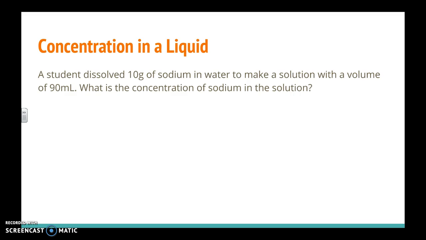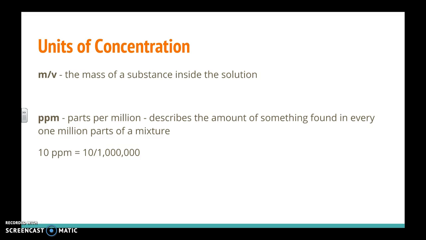And that's the difference, and that's what we're going to be talking about when we talk about how much dissolved oxygen is in water, how much nitrates are in water. The units of concentration can look a lot like mass over volume, or grams over milliliters, and there's also one other way to say concentration. If the amount of something is trace, or so small that it's too hard to describe by mass over volume, sometimes science will state it as ppm, or parts per million.